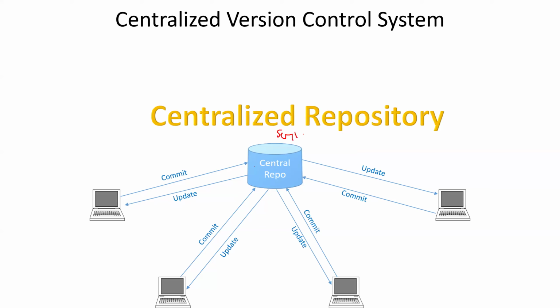This is my server or cloud, you can say. A server that I have created, it may be on cloud, it may be on premise where you are using your own servers. So a central repo, and there I have all the codes. Everything related to the project I have now put on the server.